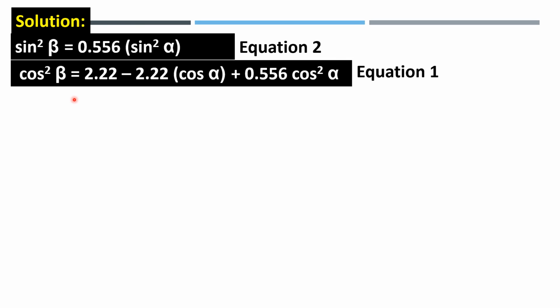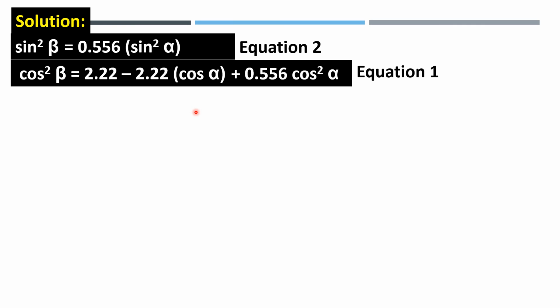So how do we determine the two angles, angle beta and angle alpha? We use the two equations that were earlier presented. Here they are, equation 1 and equation 2. What's going to happen if sine squared beta is added to cosine squared beta?